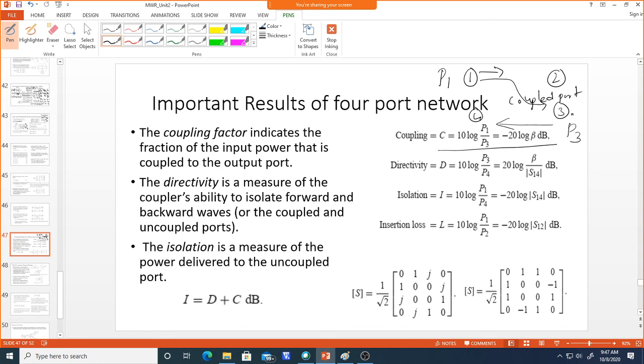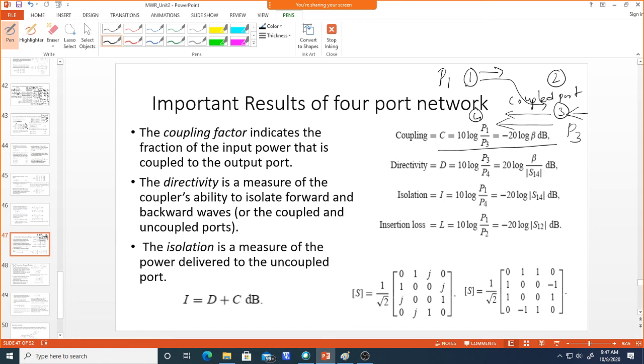Or if you feed the power at port 3 instead of port 1, how much power goes from 3 to 4? That is the directivity. Either you can feed the power at port 1 or at port 3. So that is what the directivity is.